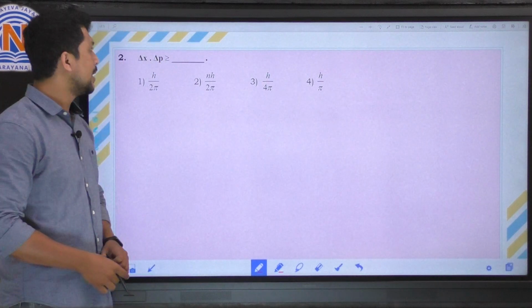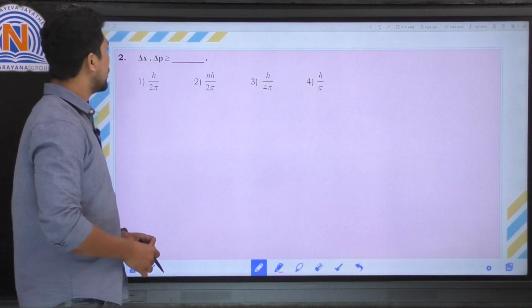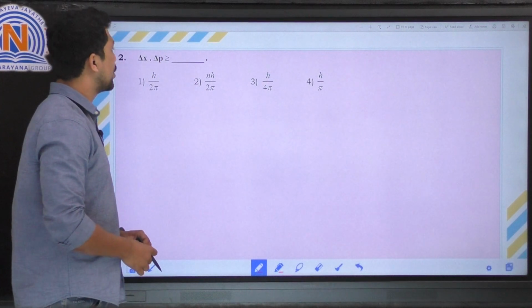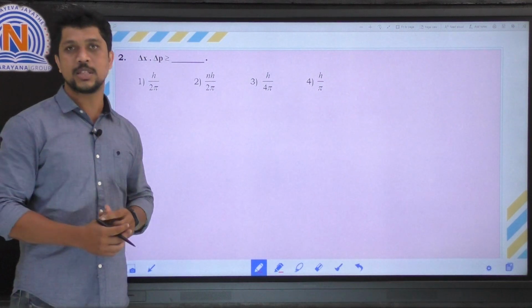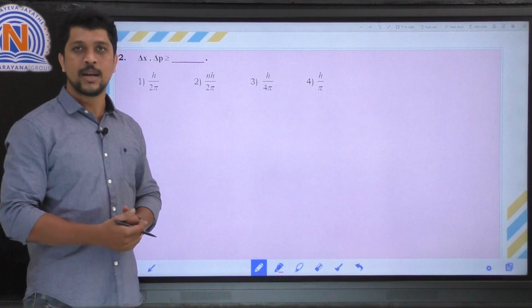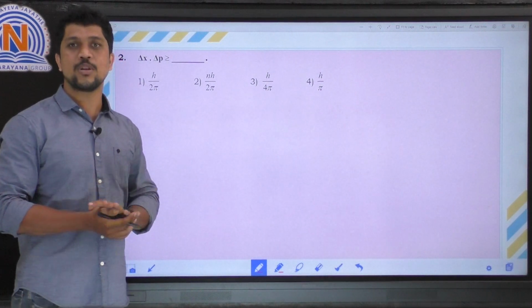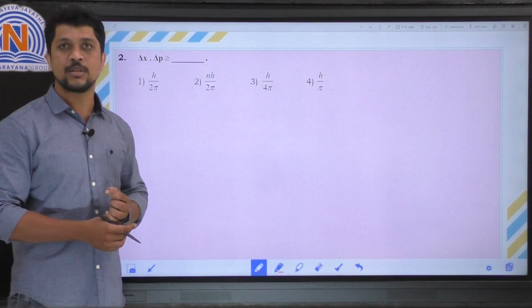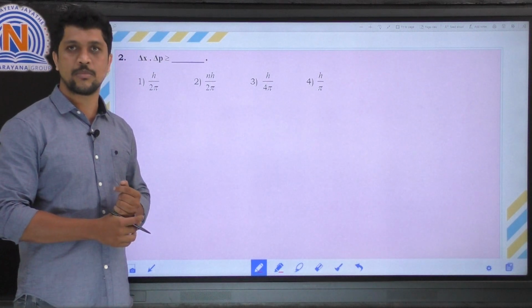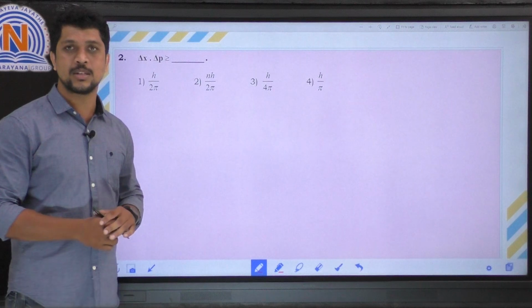Here the question: delta x and delta p greater than or equal to dash. So this is Heisenberg uncertainty principle. What it is saying? It is saying that it is impossible to determine the momentum and position of an electron.